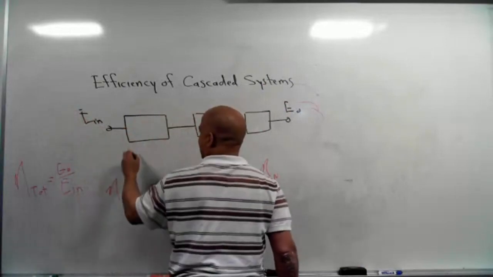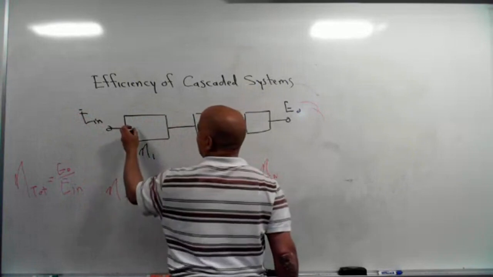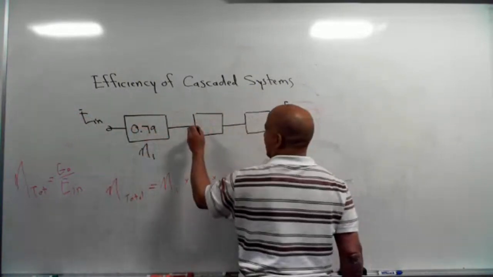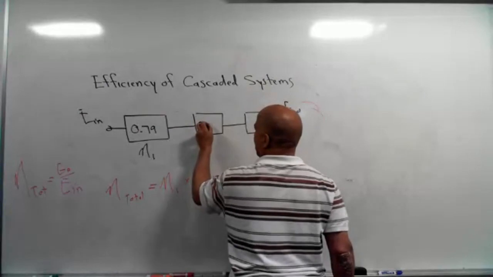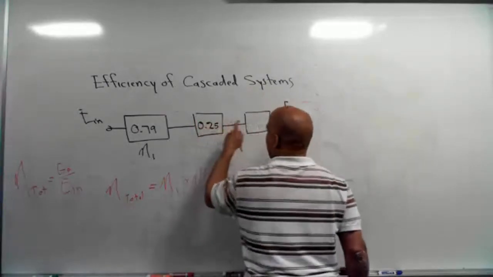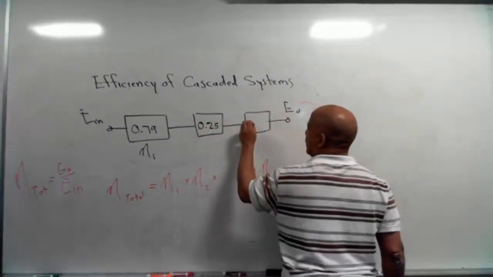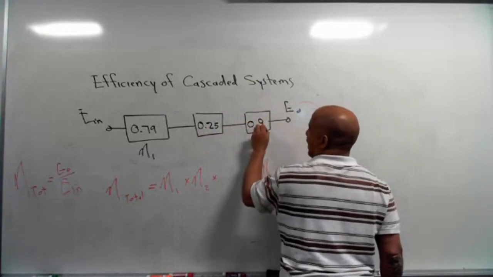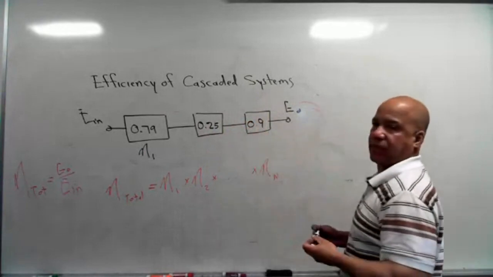And let's say the efficiency of this is 0.79. Let's say the efficiency of this is 0.25. Let's say the efficiency of this is 0.9. So that's really high efficiency.